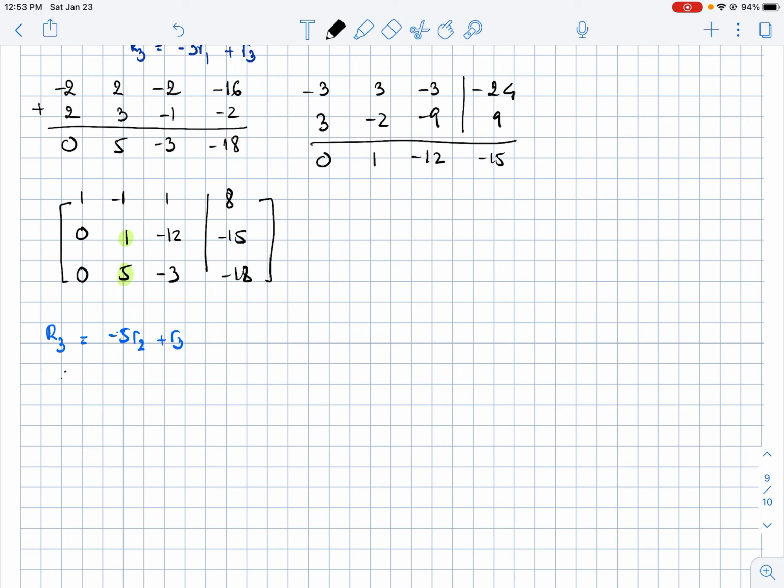Multiplying row 2 by -5, it becomes 0, -5, 60, 75. And then we write out row 3 again. Now add them up. So we get 0, 0, 57, and 57.